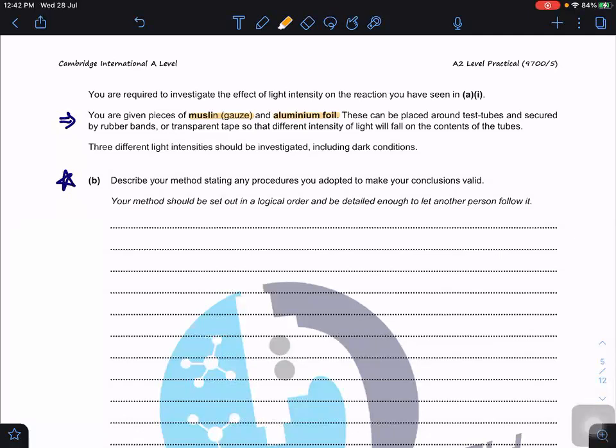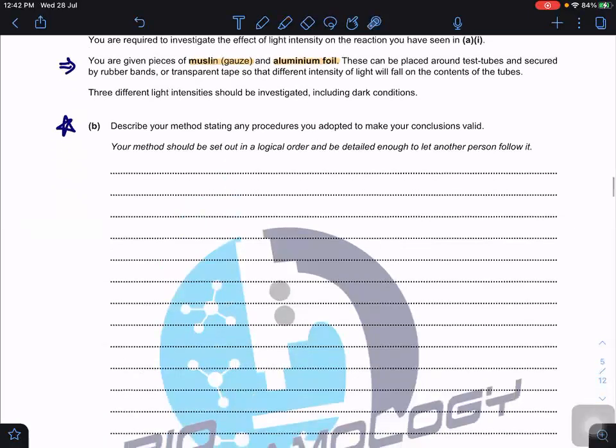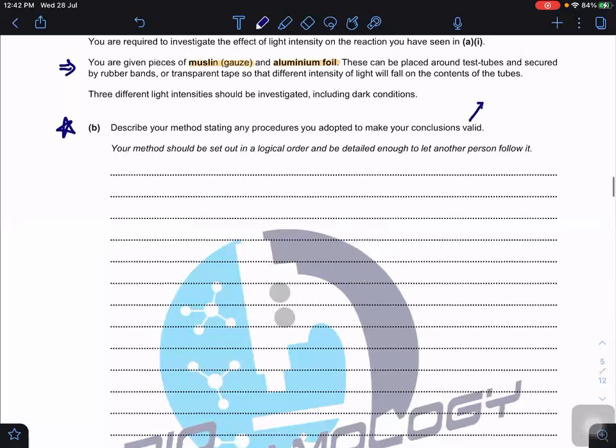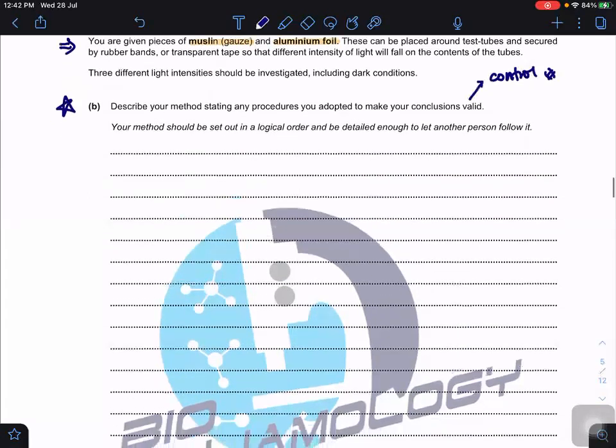Okay, so in this case, how you actually can come out or design a procedure that you adopted to make your conclusion become valid. So be careful when you want to be valid, make sure that you must have a control. Okay, must have the control. So think about this, what you want to measure.